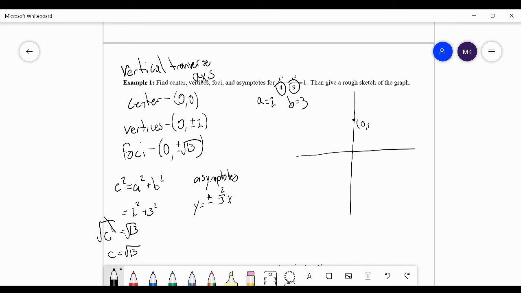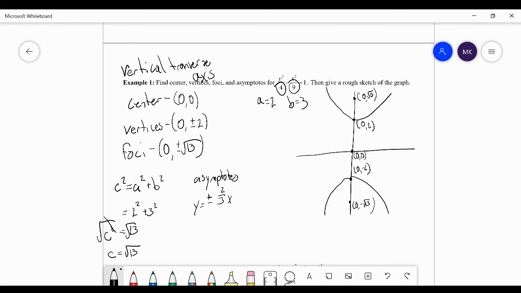This is 0, 2, 0, square root of 13, 0, negative 2, and 0, negative root 13. And obviously our origin 0, 0.